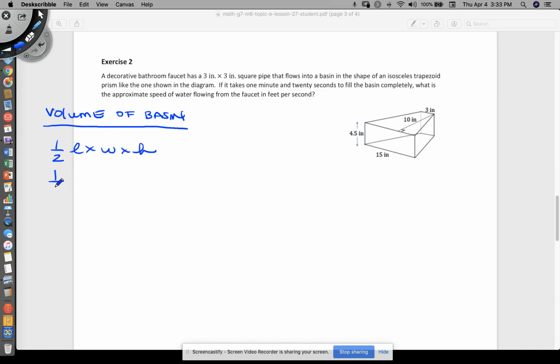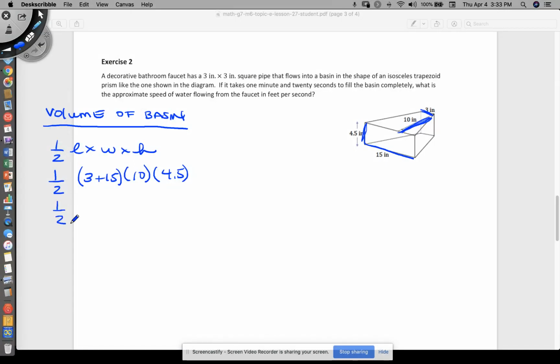So we're going to take 1/2, times this 3 plus this 15. That's going to be your length. So I'm just going to go ahead and write that out, 3 plus 15, so you know where I'm getting those numbers from. Times my width, here is 10. This is my width. Times my height, right here, of 4.5.